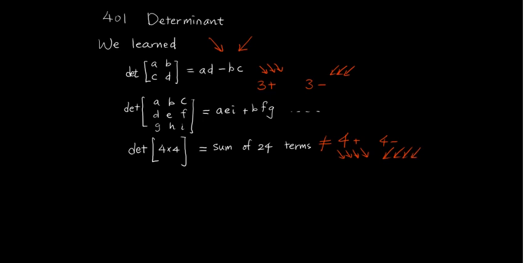It is just not the same, okay? It's actually much more complicated. It has 24 terms. That's why the high school teacher will stop at 3 by 3 and rarely talk about 4 by 4. We will tell you how to do that later, but I just want to point out the differences.